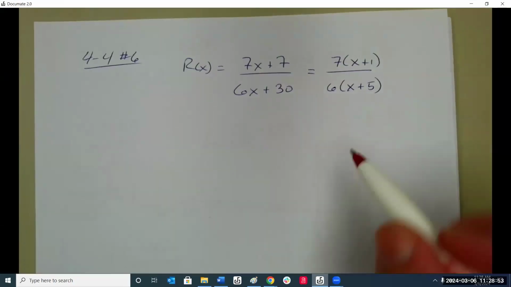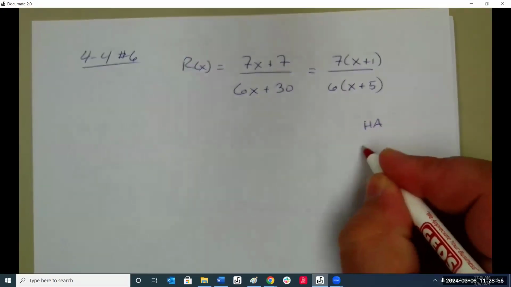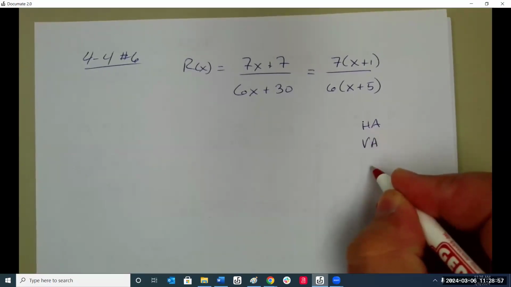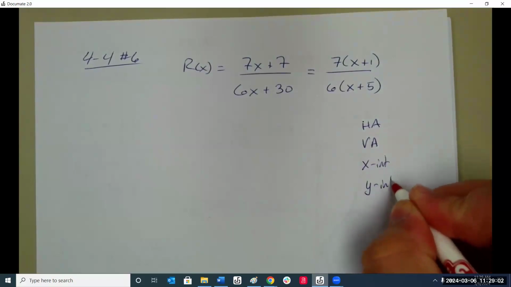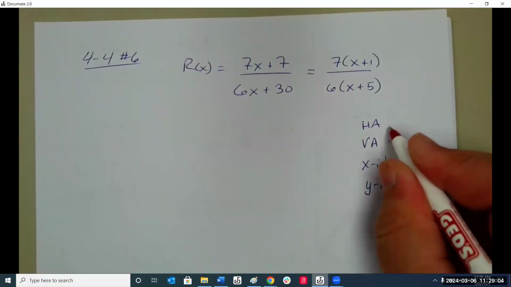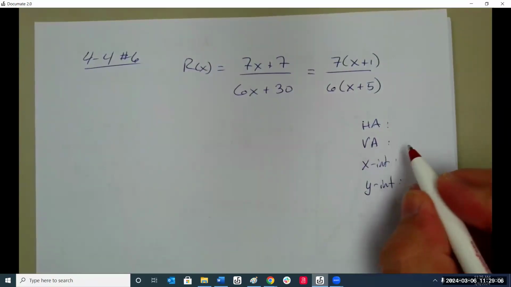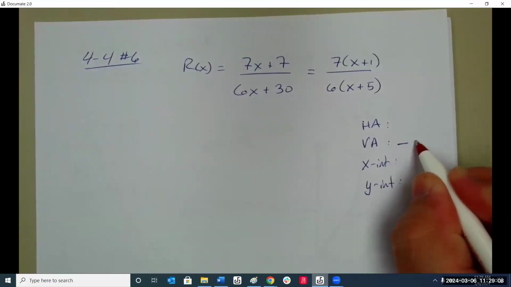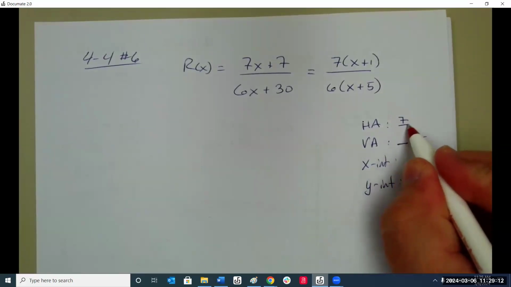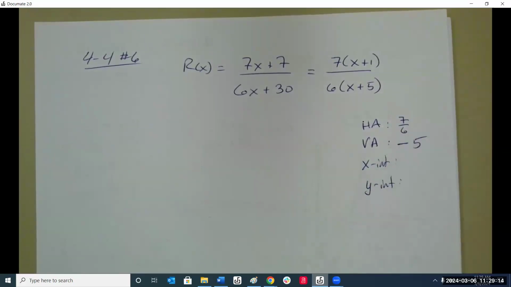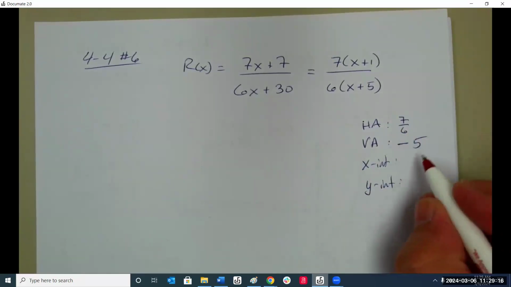All right, so let's look at this one. We have the horizontal, the vertical, the x-intercept, and the y-intercept. Vertical asymptote is at -5. Horizontal asymptote is 7/6. X-intercept is at -1.